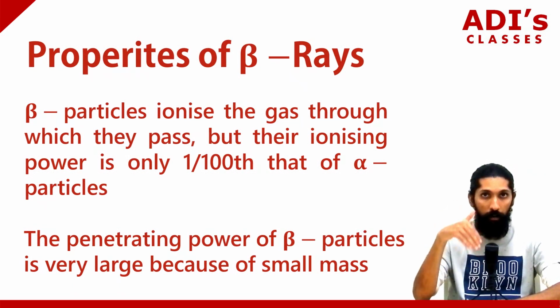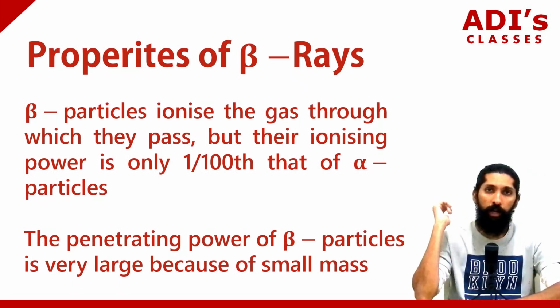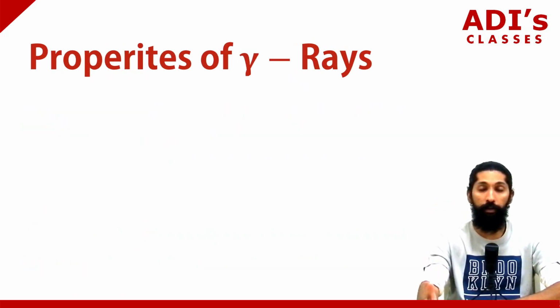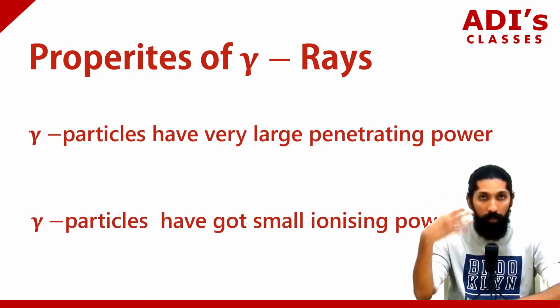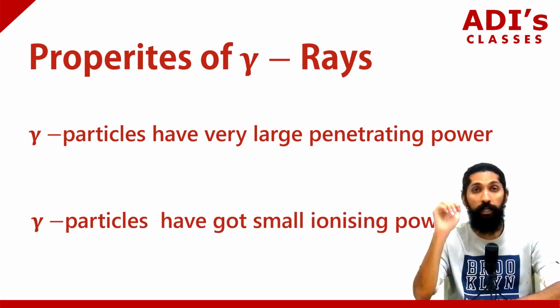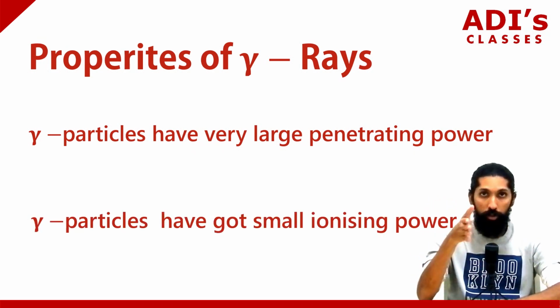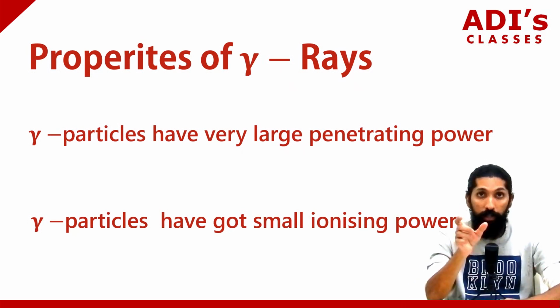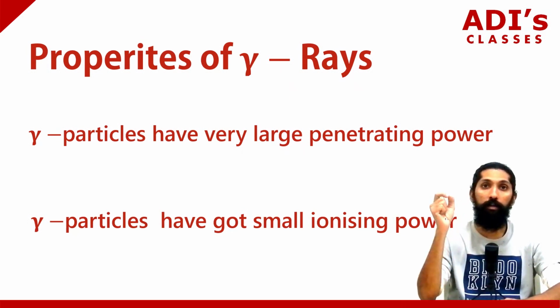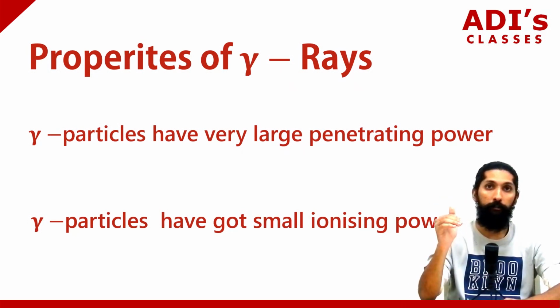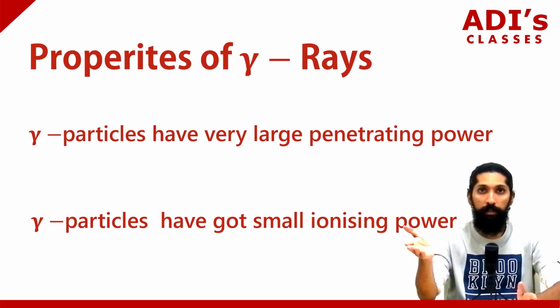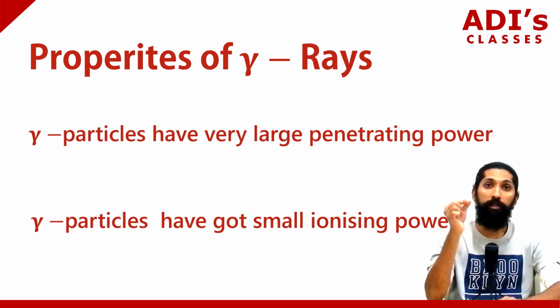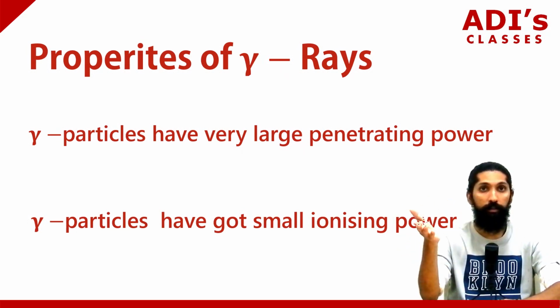The last one, the gamma ray, has very, very high penetrating power. They do not ionize at all, but they have very high penetrating power. To stop a gamma ray, we need concrete or steel. Generally we use concrete. So we need a few centimeters thick concrete to stop a gamma ray. Look at the size comparison from paper to thin aluminium to concrete.